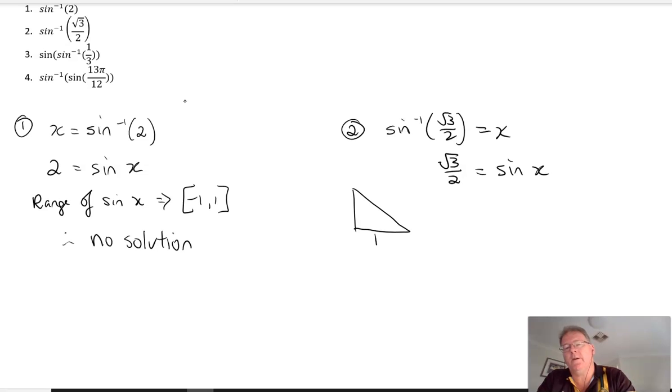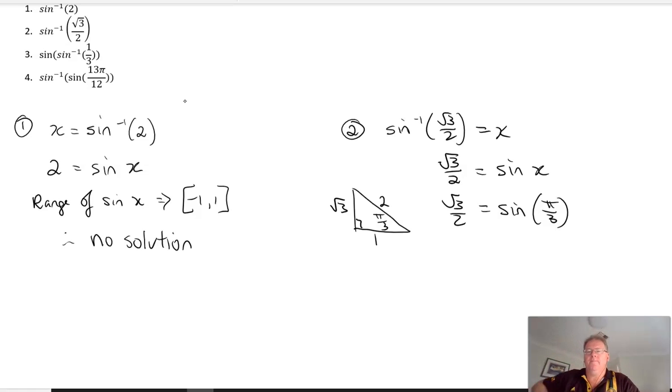Okay, we have our 1, root 3, 2 triangle. And we know that the sine is opposite over hypotenuse. Then we are okay with the idea that the sine of pi on 3 is root 3 on 2.